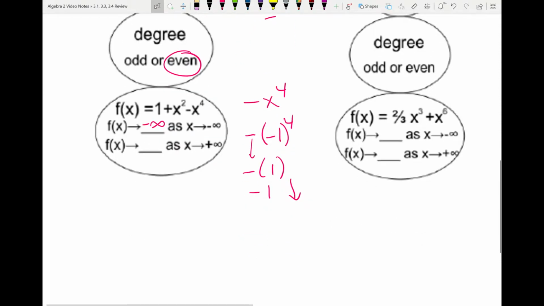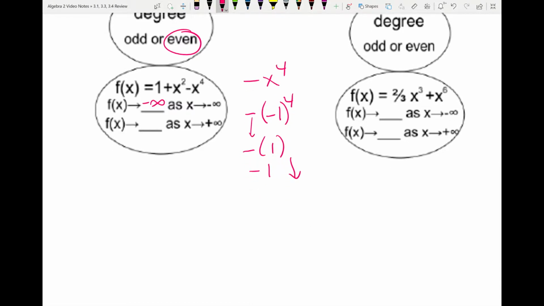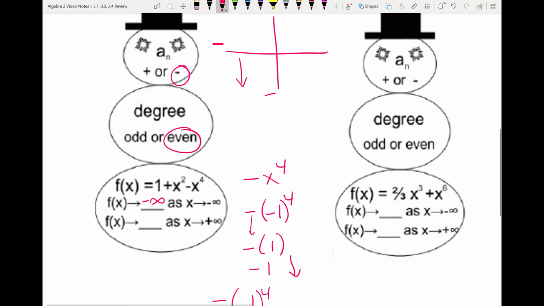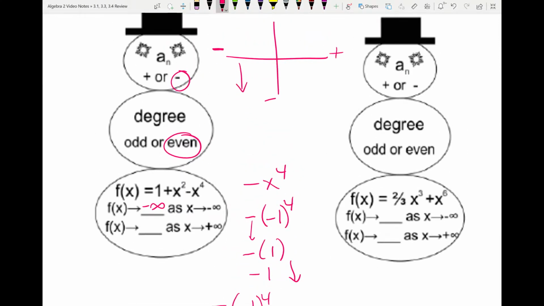Now let's look at when we plug in a positive number for x. So let's plug in +1 to the 4th. Well, we don't have to write the positive there. 1 to the 4th is 1, and then we got a negative on the outside, so it's -1. So that means it goes down. So then in that case, when x is positive, y goes down.